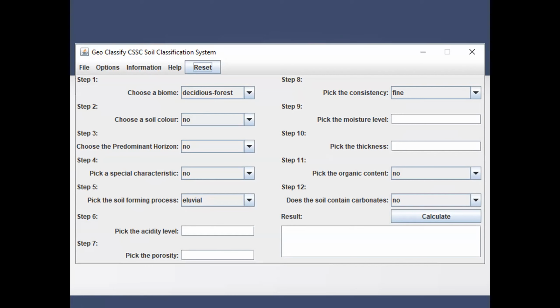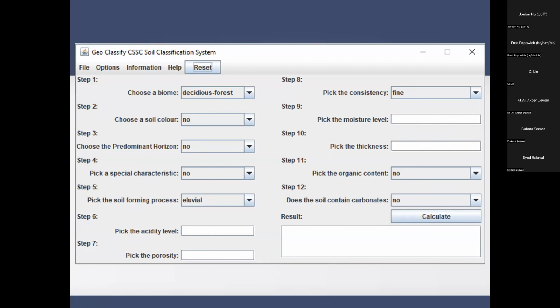So it's simple for a hobbyist or a farmer to go out. They can pick their soil colors, their predominant horizons, and up in the information menu, which I don't have a screenshot of, it gives some helpful guidelines to what a biome is, what a soil color could look like, and so on and so forth.